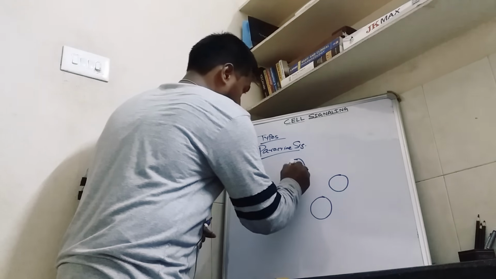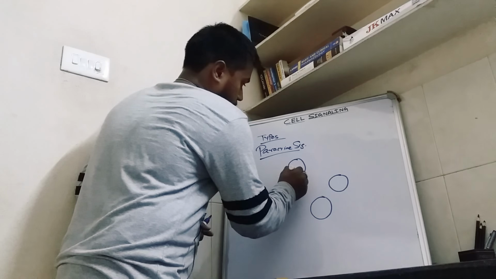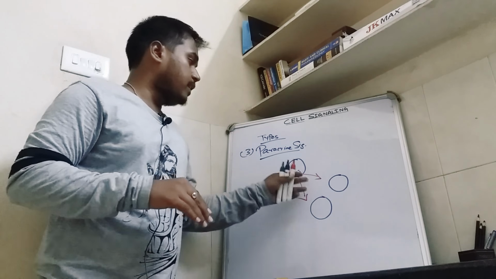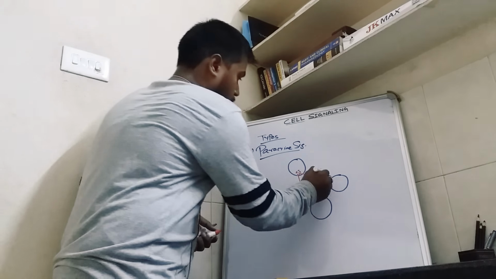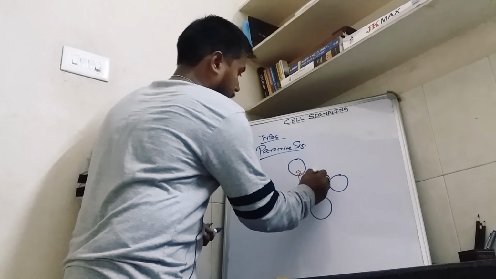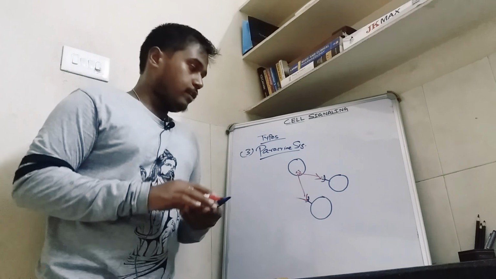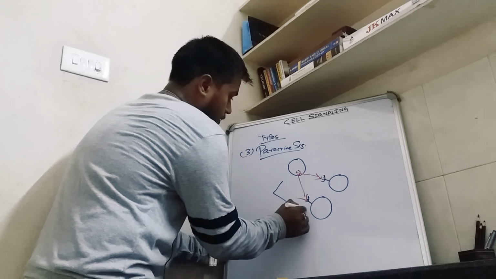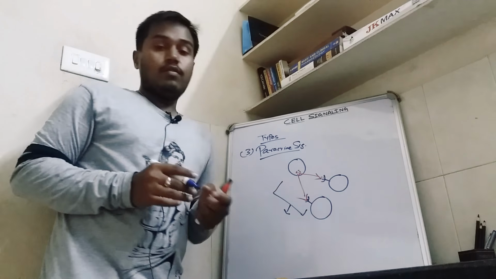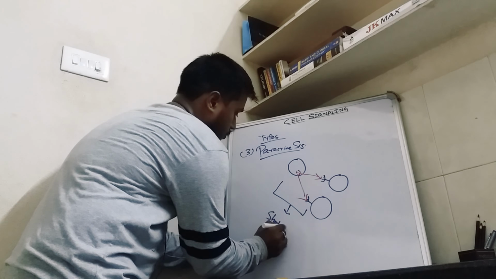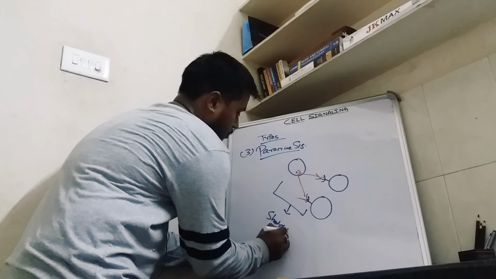It will secrete its signaling molecule and transport it to the target cell, and here we have the receptors. The signaling molecule will bind to the receptor of the target cell. And remember, paracrine signaling is over a short distance, that is, our signaling molecule will travel a short distance.